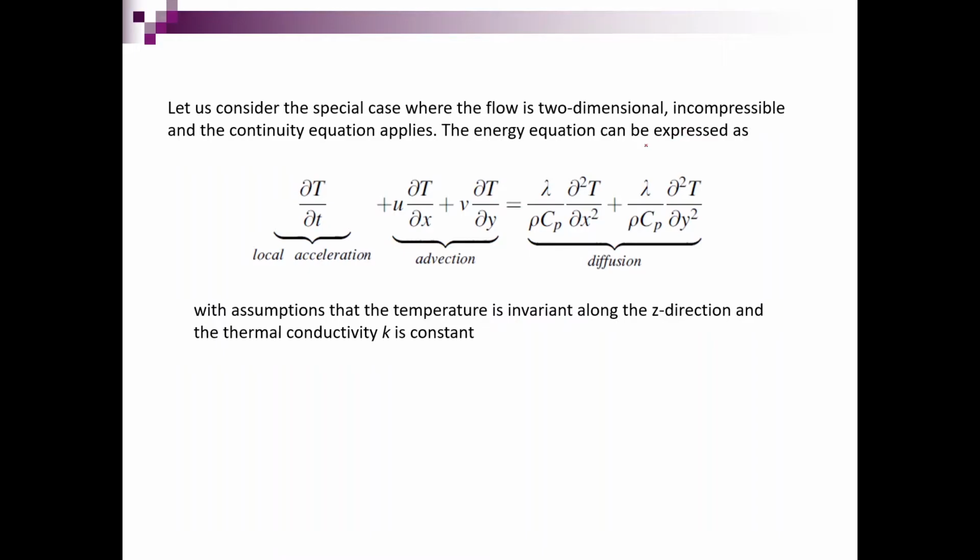Incompressible means that the density is unchanged. We assume the temperature is invariant along the z direction because it is two-dimensional. So whatever variations happen in the z direction in terms of pressure, velocity and temperature, you can assume constant. Also, the thermal conductivity k is constant.